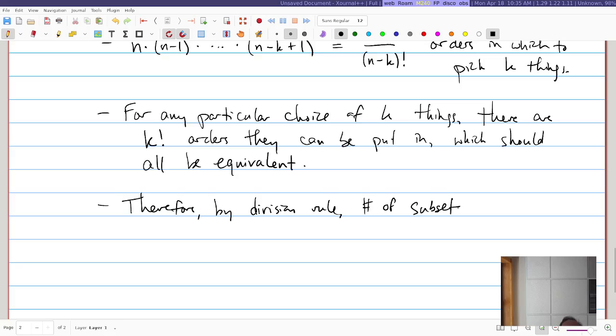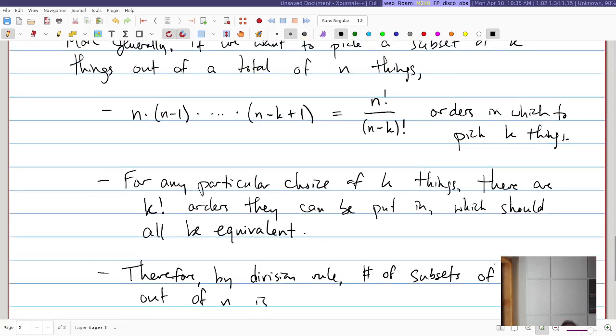subsets, or just the fact that I'm using the word set implies that I don't care about the order, right? The number of subsets of k things out of n is, well, it's this divided by this.